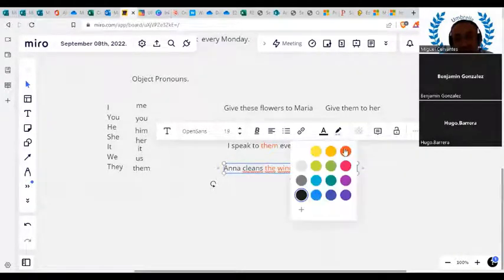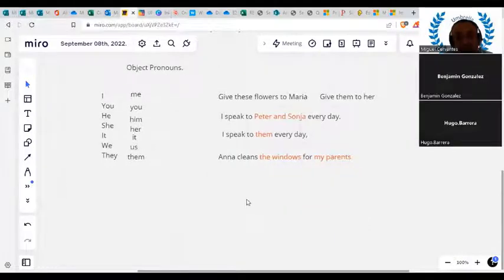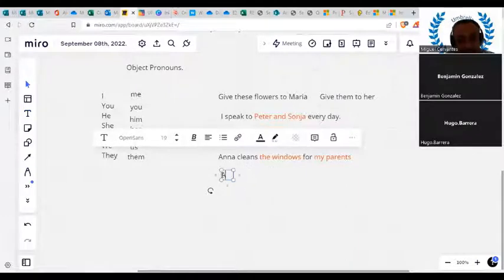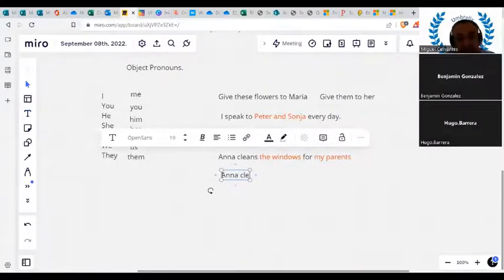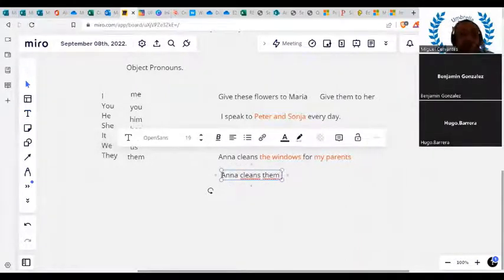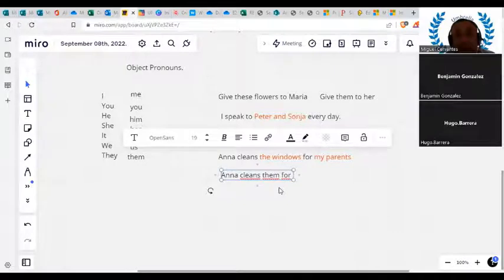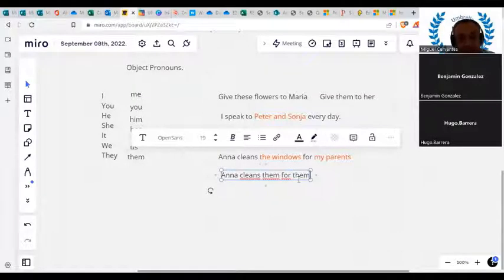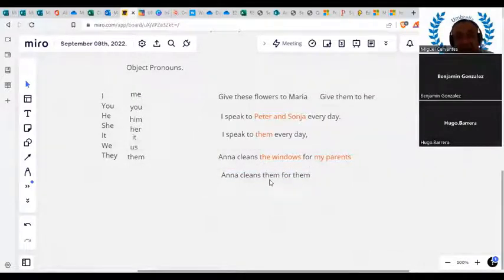Using object pronouns, Benjamin. Anna cleans it for them. Okay, remember, the windows is they, and my parents is also they. Anna cleans them for them.